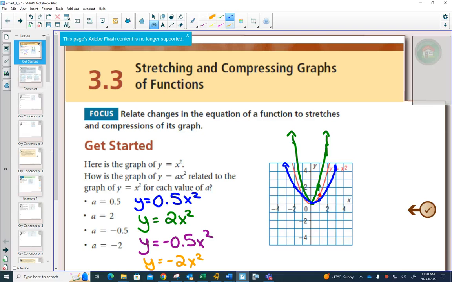And with the purple and the orange graphs, they're exactly the same, except they also include a reflection. So the purple one would be the same vertical compression as the blue one, but it would be going down. And the orange one would be the same vertical stretch as the green one, just going down.